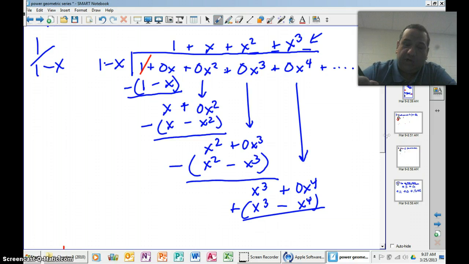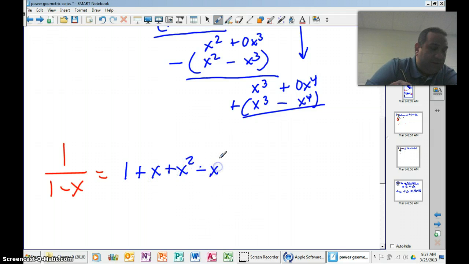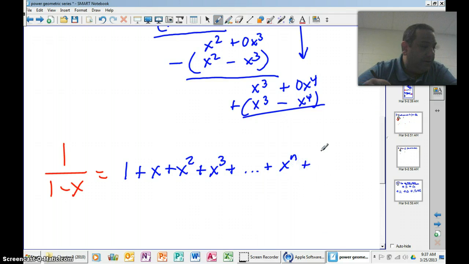So I am going to generalize and say that 1 over 1 minus x generates the power series of 1 plus x plus x squared plus x to the 3rd plus dot dot dot plus x to the n plus dot dot dot, and this equals whatever I had up there to begin with.